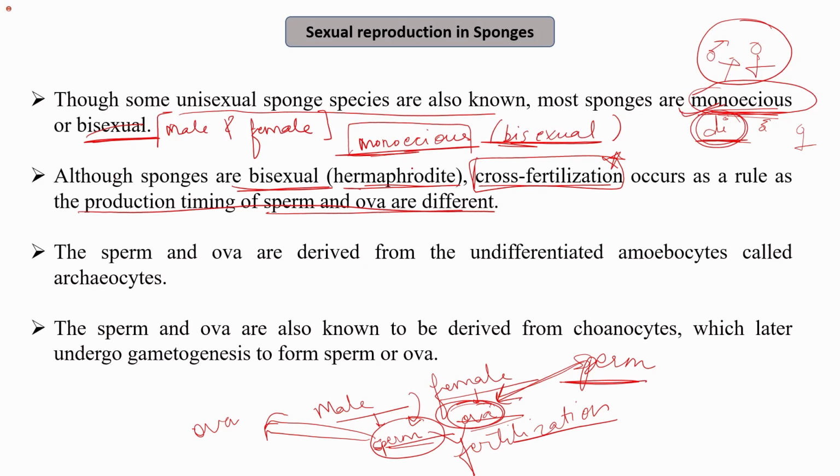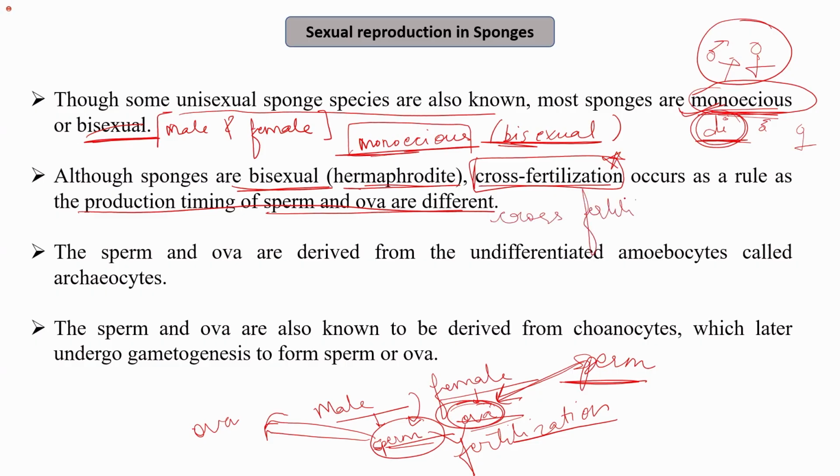So although they are hermaphrodites, they are fertilized by the sperm or the ova of the other organism, and therefore they undergo cross-fertilization.